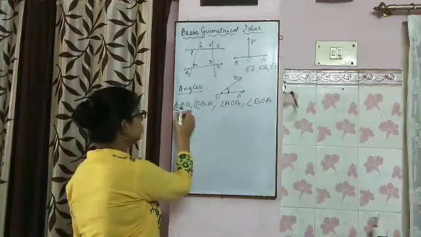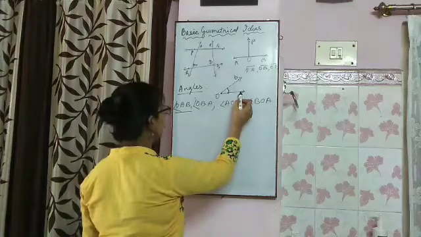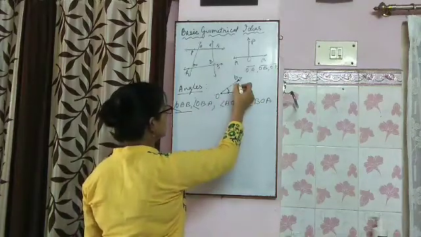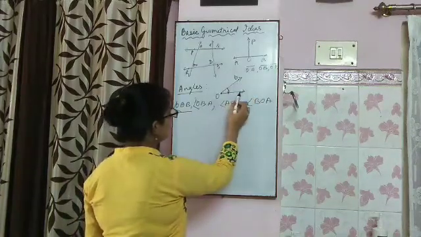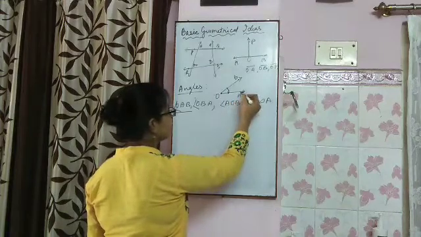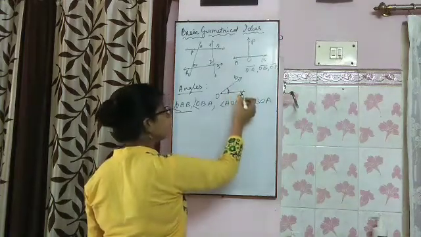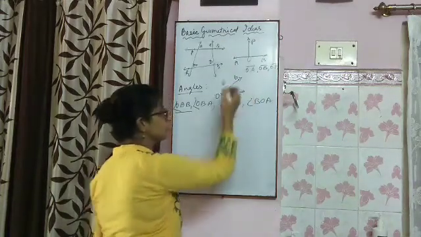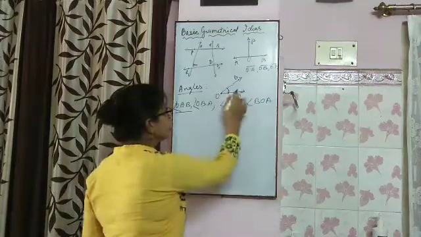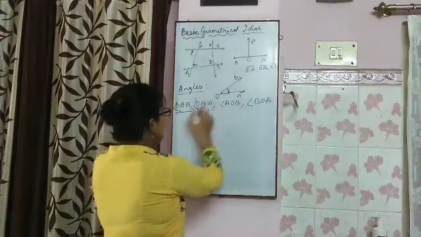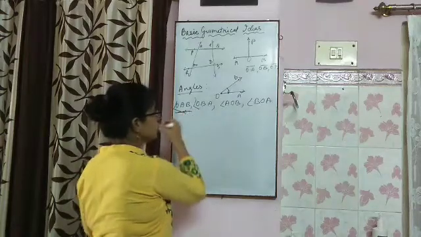Here I have said OAB. From O to A we have come, from OA to B we can't go because there is no ray. So that means this is not an angle.